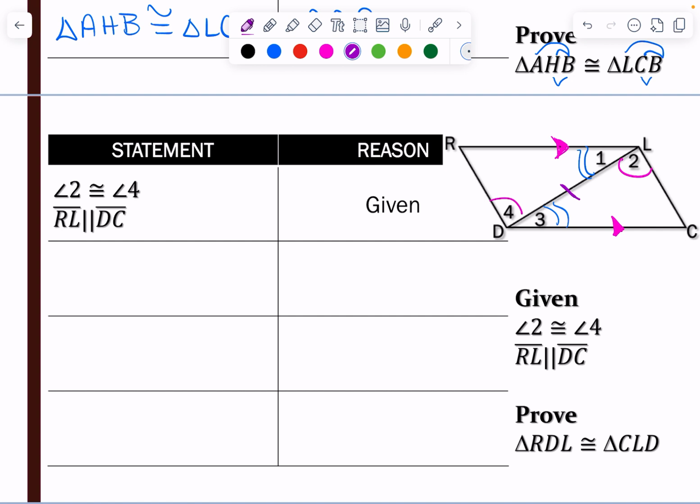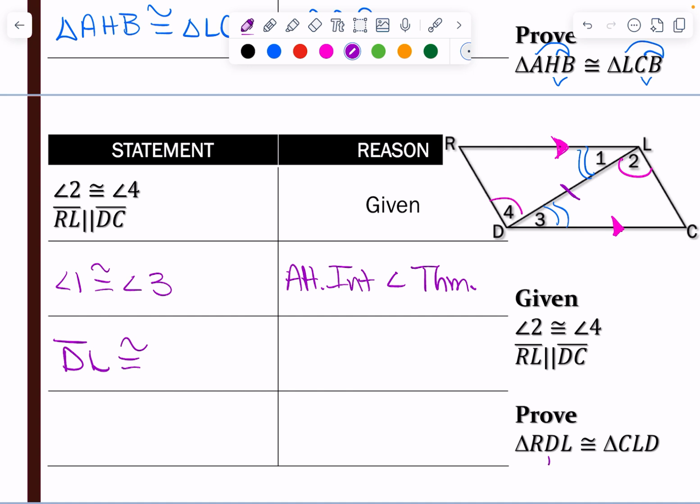So let's start with angle 1 is congruent to angle 3, and that is the alternate interior angle theorem. Then I also know that DL is congruent to, so I look here, I have DL, and that would be congruent to LD, and that is by the symmetric property.